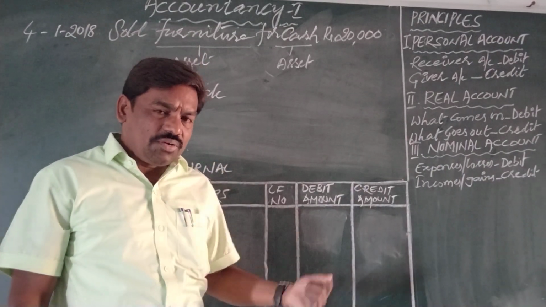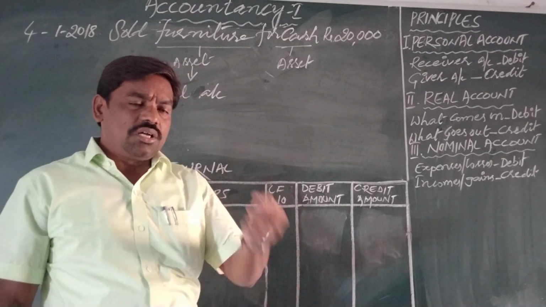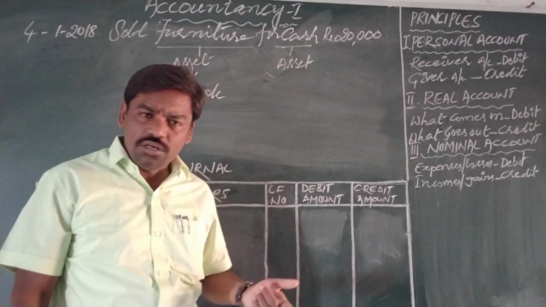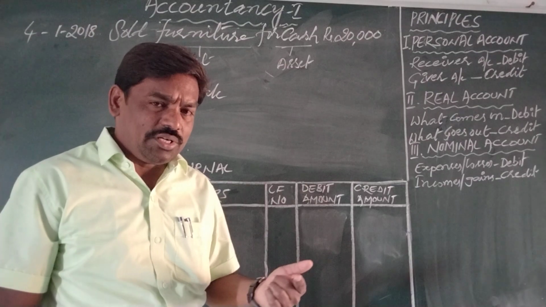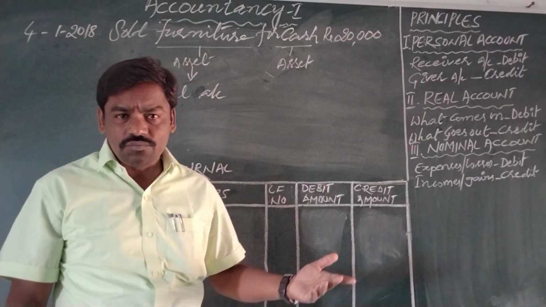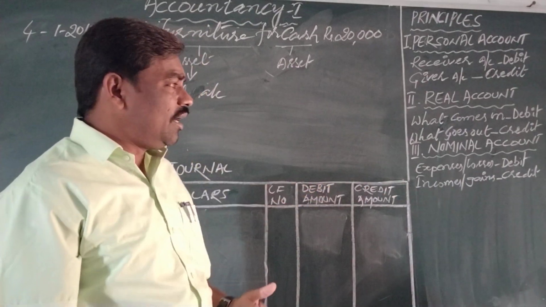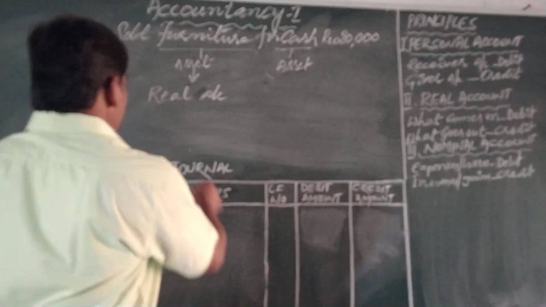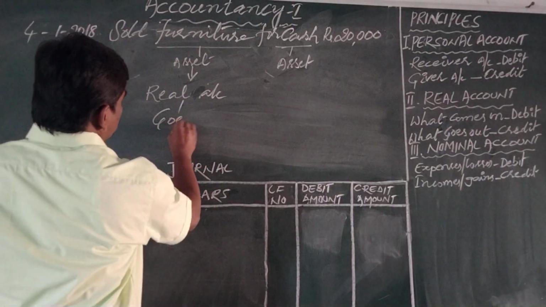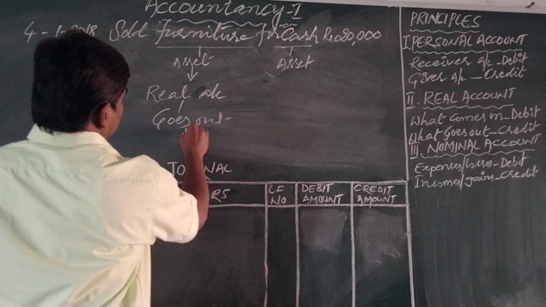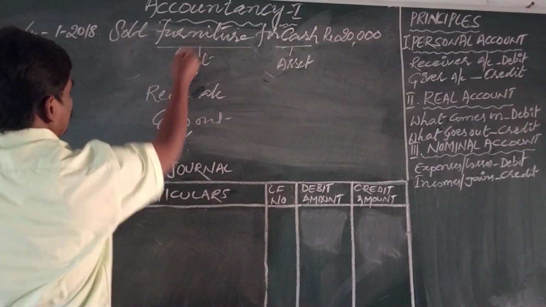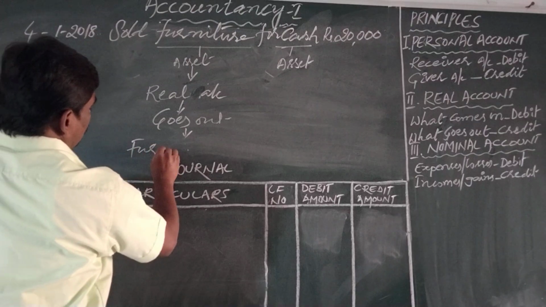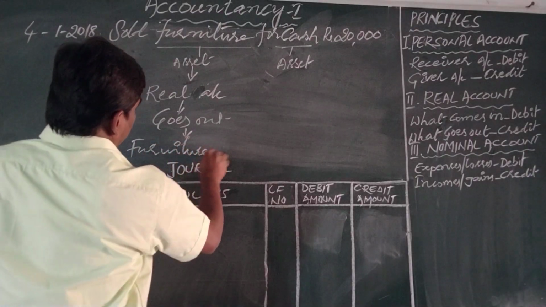When you sell the furniture, is the furniture coming into the business or going out of the business? Yes, naturally the furniture goes out of the business. So as per real account principle, whatever goes out of the business should be credited. Which account? Furniture account should be credited.